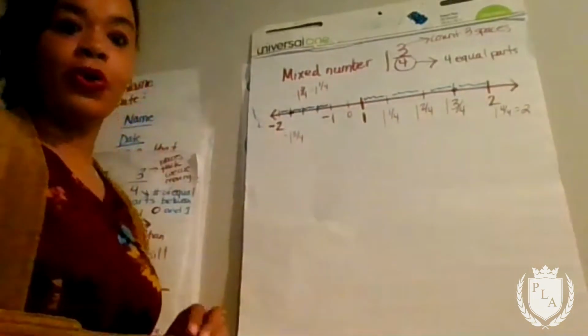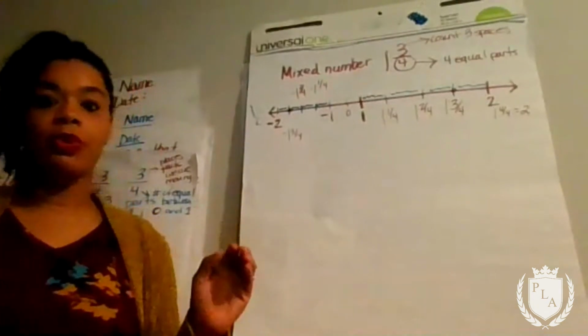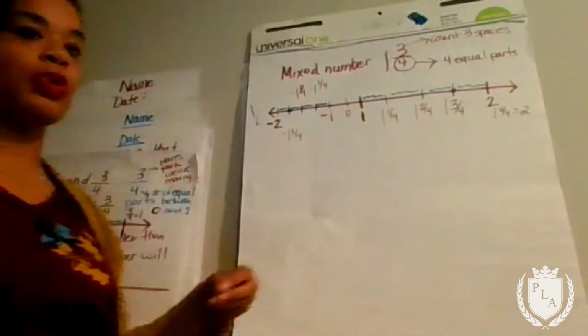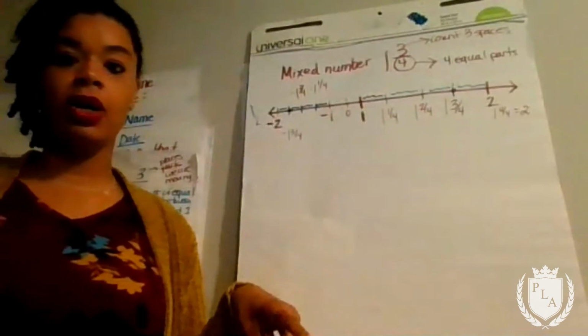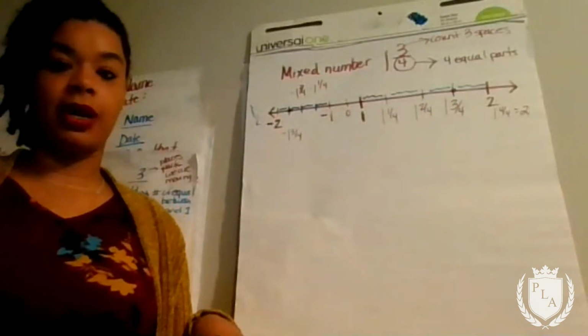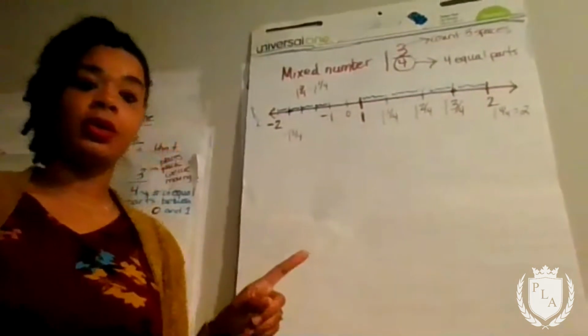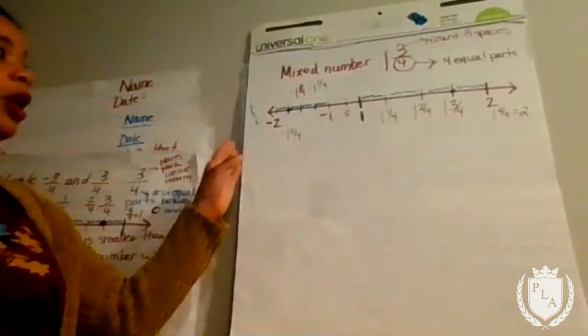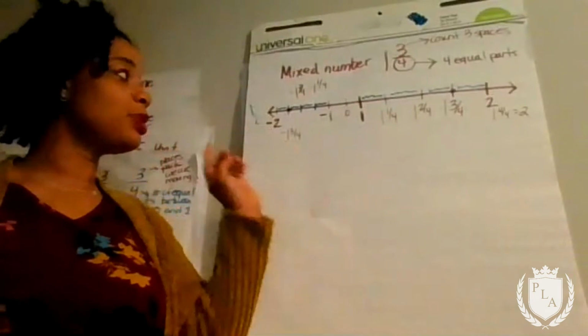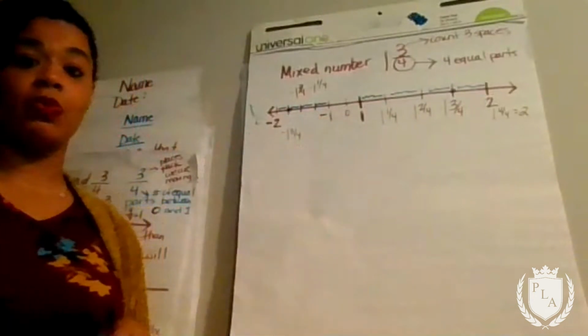It is very important that we remember the rules. You have to remember the rules. Looking at the numerator, looking at the denominator. If the numerator is less than the denominator, on our number line, our rational number is going to be between 0 and 1.